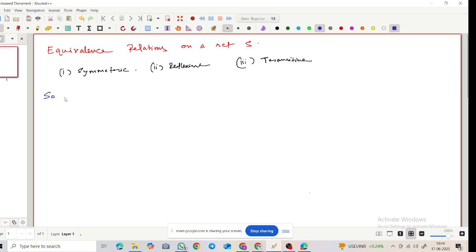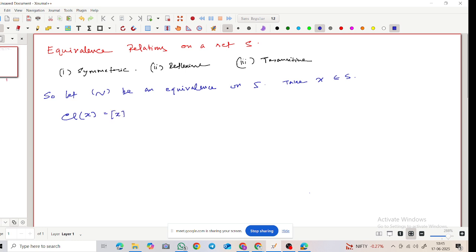So let ~ be an equivalence relation on S. Take x belongs to S. Do you know what class x denotes?